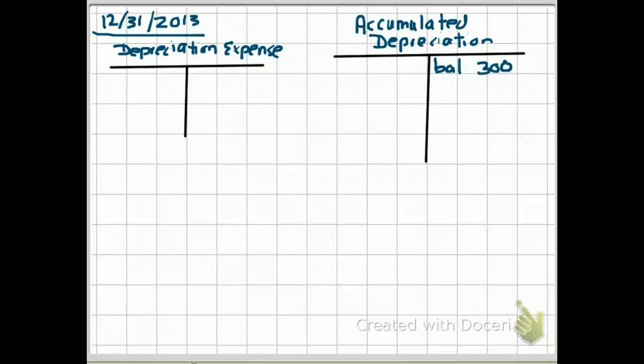Now let's do your adjusting entry for 2013. You know that your depreciation expense every year is $300. Once you calculate it once, you don't need to calculate it again. You're going to use it for the length of the useful life. So on 31st of December 2013, you are going to debit depreciation expense $300 and credit accumulated depreciation for $300.